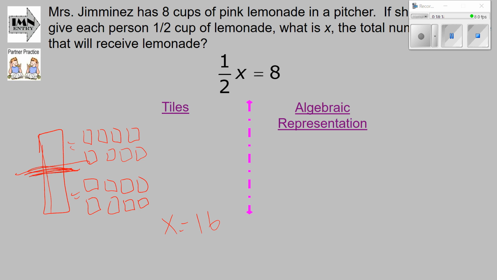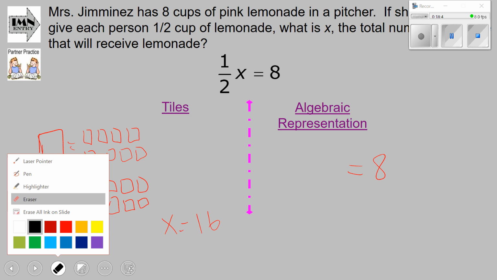So now let's check it and make sure that we're right. I have 1/2 of x equals 8. The cool thing about this is that you never have to divide. You can always rewrite a division problem as a multiplication problem by using the reciprocal. So hopefully you're getting that from this lesson. I'm going to rewrite that.